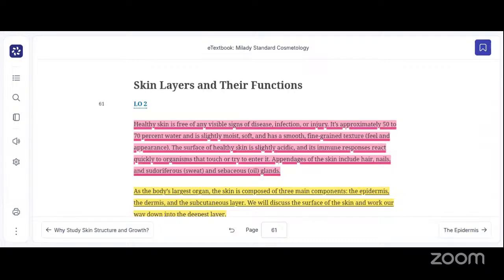As we discussed yesterday, the skin, the body's largest organ, is composed of three main components: the epidermis, the dermis, and the subcutaneous tissue, the subcutaneous layer, which is very important. And the skin grows with us.